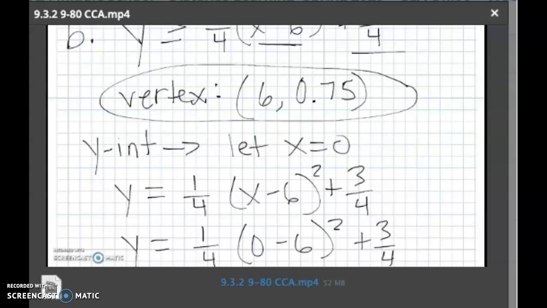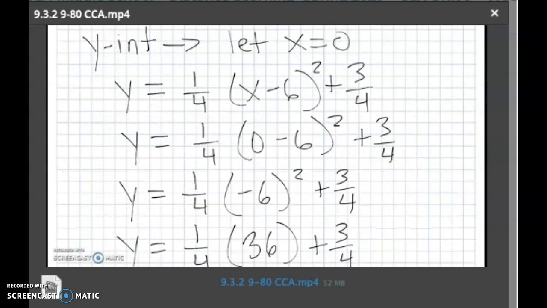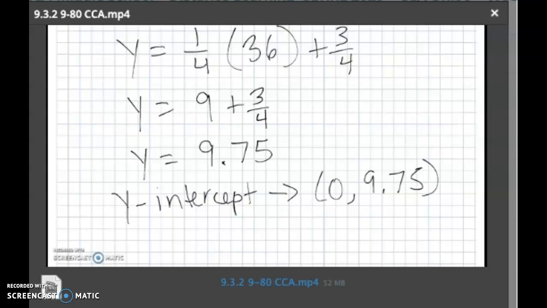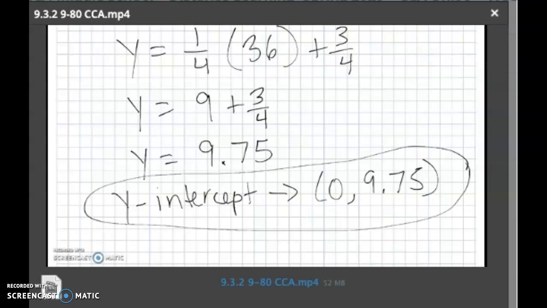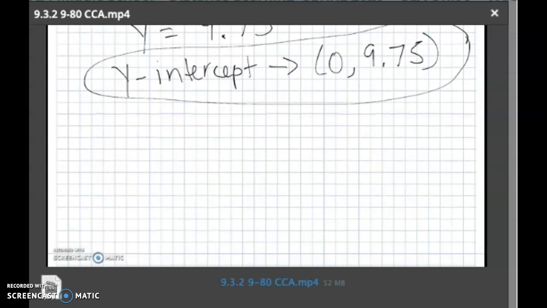It's at 6, and then the x value is 6, the y value is 0.75. And I'm also noticing that my y-intercept is also above my x-axis. So what that is telling me is that I'm not going to have any real x-intercepts. So my parabola is not going to cross the x-axis because both the vertex and the y-intercept are above the x-axis. So it will not cross the x-axis.